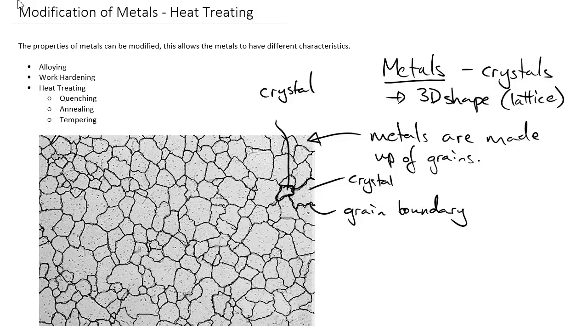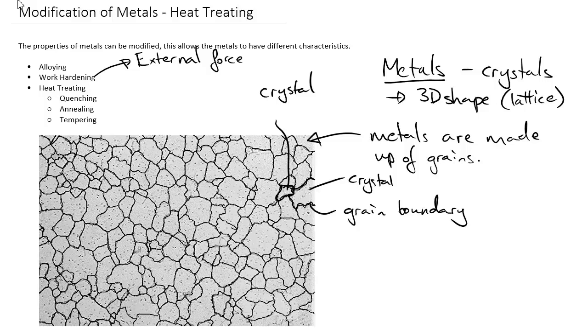Work hardening is a process in which we modify metals by adding external force. So work hardening is adding external force. You can think of this as the blacksmith, for example.